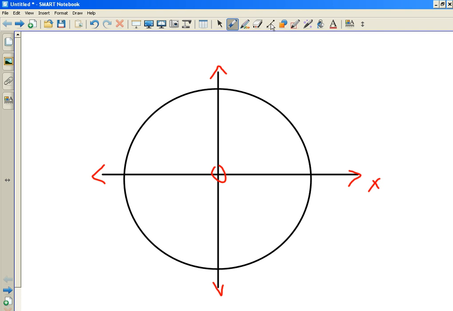Well, let's say we take a look at one of those points, like here. You could represent that point in terms of x and y. But you could also represent that point with respect to how far it is from the origin, sort of like a vector. How far it is from the origin and the angle that it makes with the horizontal.